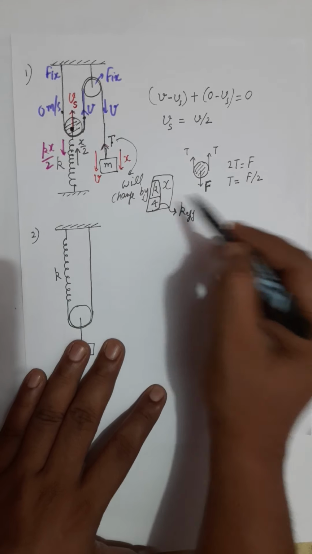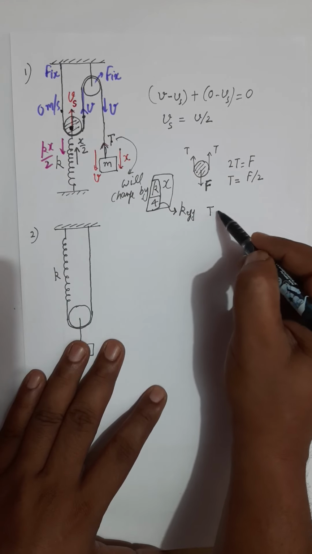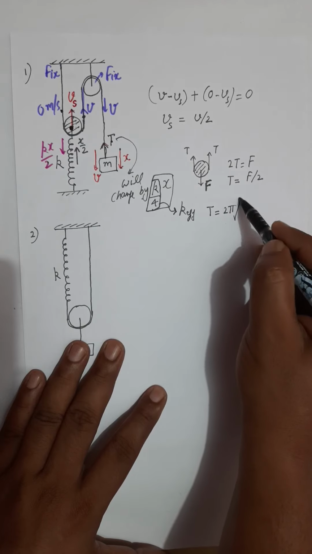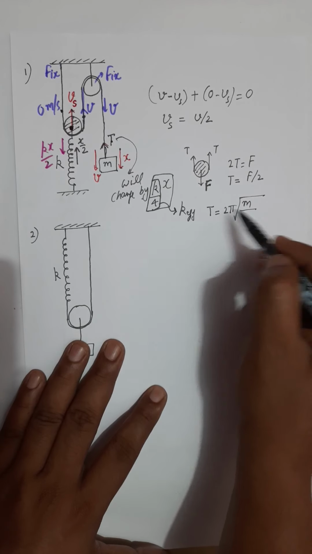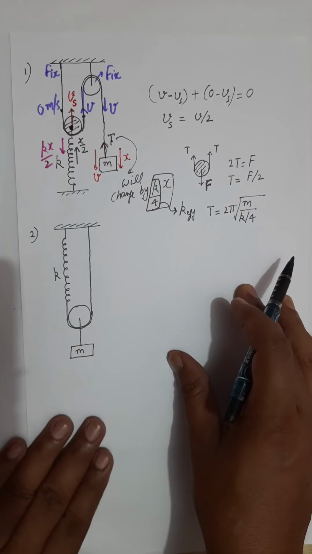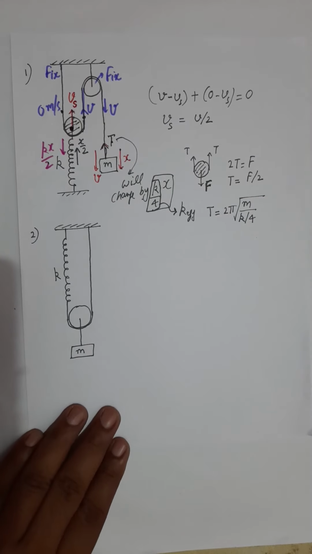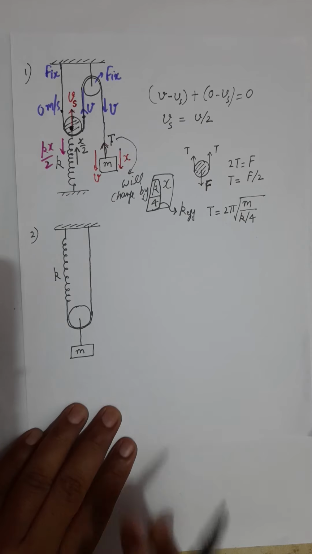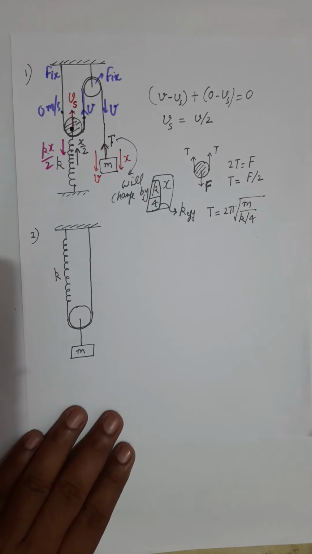And if k by 4 is the effective spring constant, you can simply write down the time period as 2 pi root of m over the effective spring constant, which is k by 4. And you can use this concept for any numerical now. Let us try the next numerical.